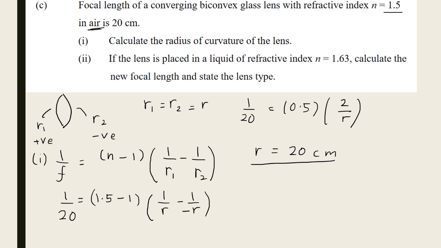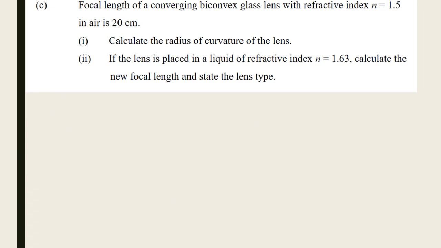Okay, let's finish this up with question number 2. If the lens is placed in a liquid of refractive index n equals 1.63. So we are putting this lens, immersing this lens in a liquid with this value of refractive index. So remember your lens maker's equation again.